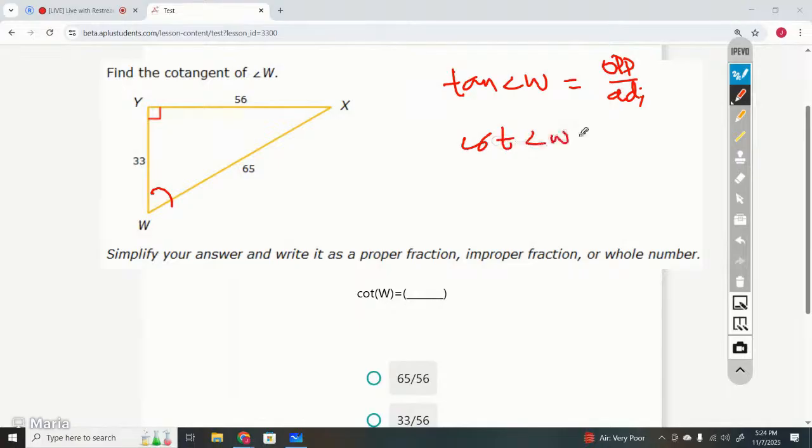Cotangent of angle W is adjacent divided by opposite. Thirty-three over 56.